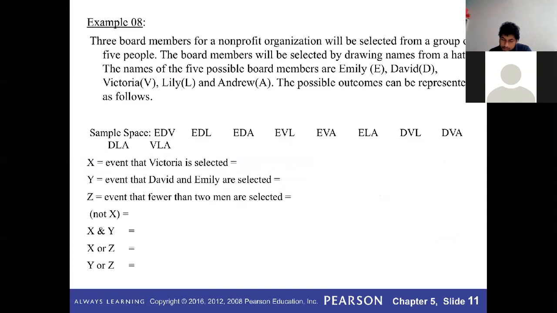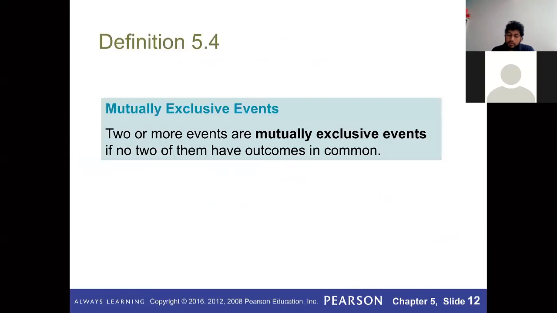Can we find the probabilities? No, we don't need this one. Mutually exclusive events: two or more events that don't have any common area or common outcomes.